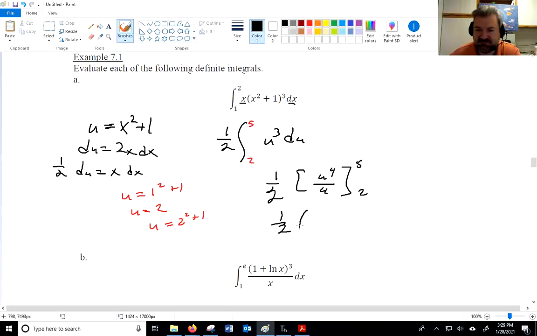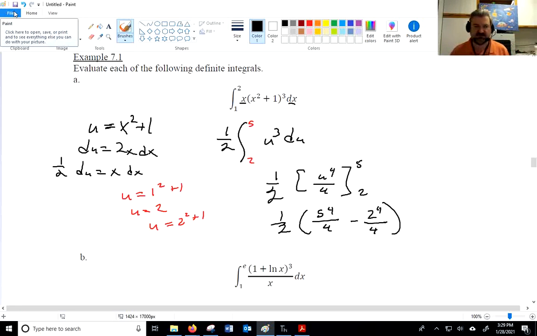So it's 1/2 times 5 to the 4th over 4 minus 2 to the 4th over 4. I'm not going to figure out what 5 to the 4th is. I guess it's 625. So it's like 625 minus 16, all over 2. But we're just going to call that our answer.